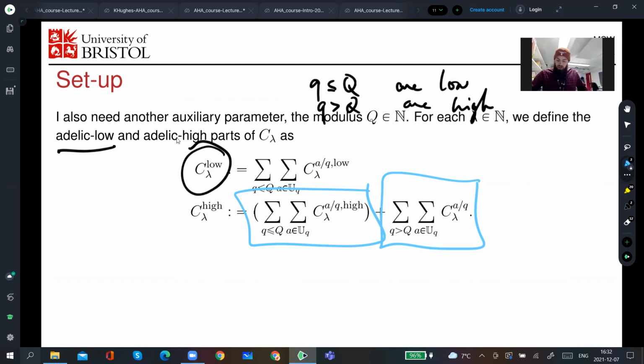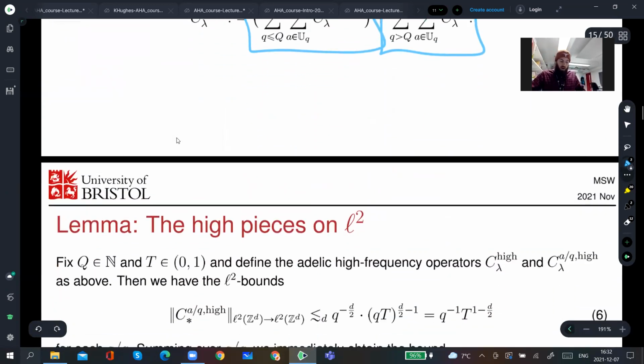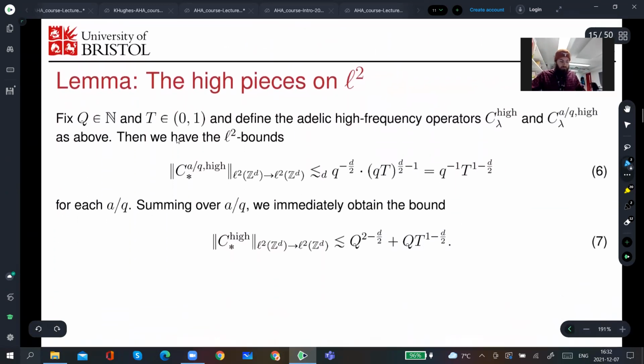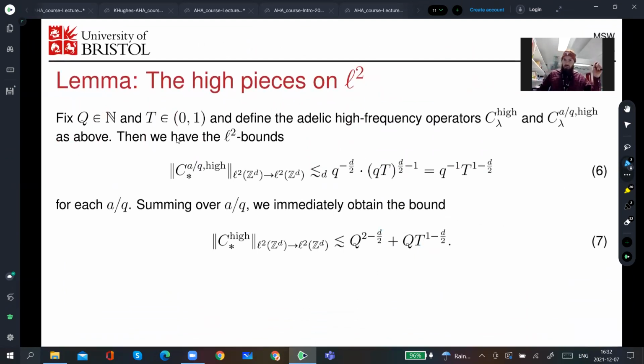Moving forward, now that we have our definitions of what a low operator is and what our high operator is, let's start proving some lemmas for them. Fix your thresholds, the big modulus Q, and this other parameter t, where t stands for threshold. And we define the high pieces as above. Then we have the following L2 bound for the maximal function applied to each of these pieces.